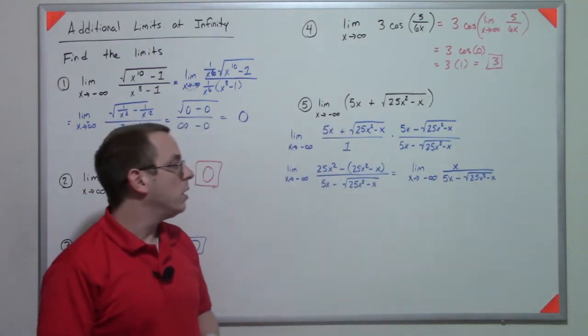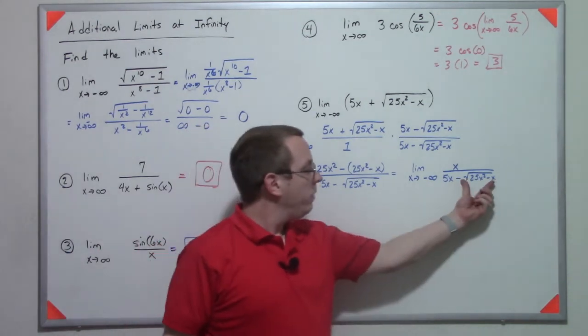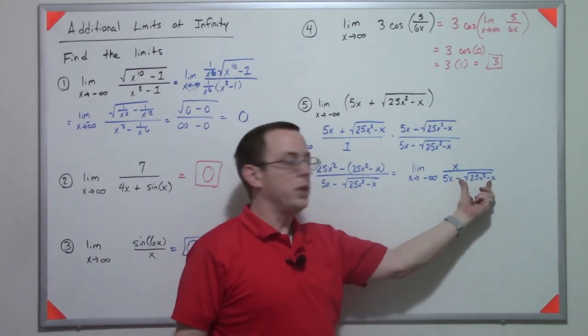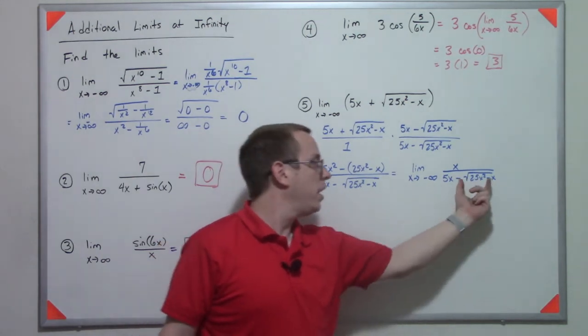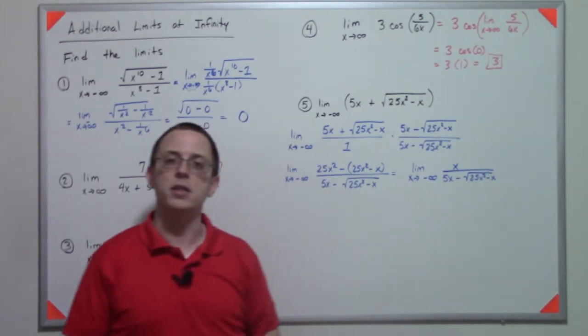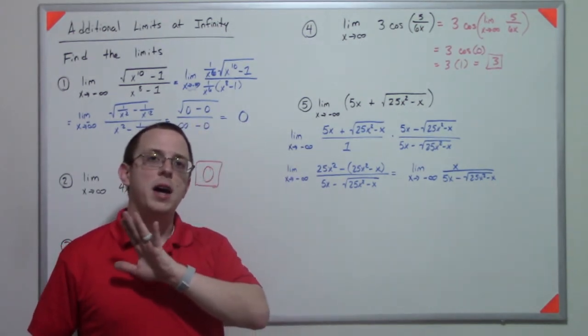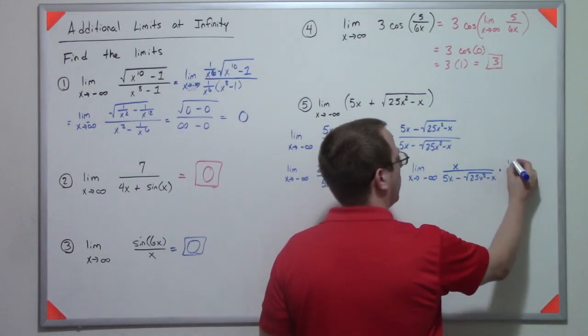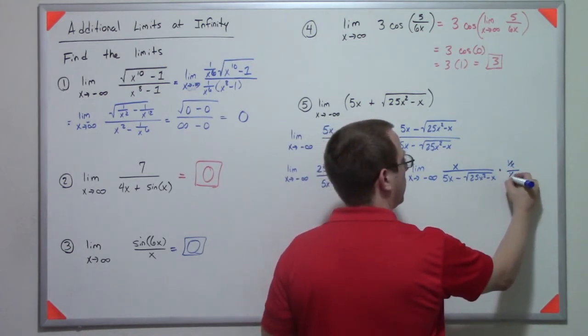Now this is where things get a little bit interesting. If you look at this, it's like an effective degree of x squared, but then you have that to the 1/2. So this is like an effective degree of x throughout. So let's just divide everything by x here. Let's multiply top and bottom by 1 over x.